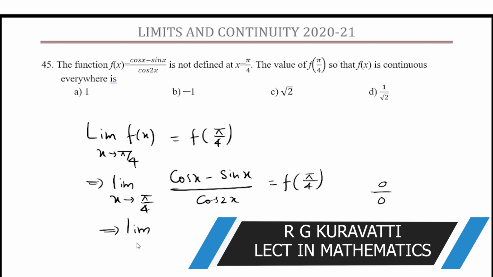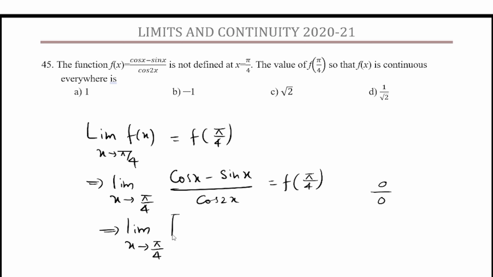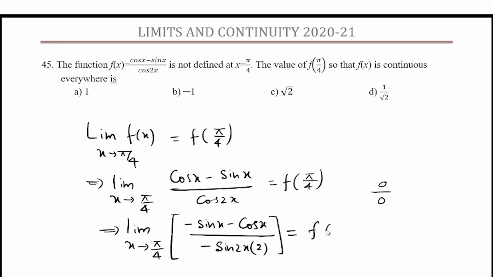So apply L'Hospital rule. Limit x tends to pi by 4. Derivative of cos x is minus sin x. Derivative of sin x is cos x, divided by derivative of cos 2x is minus sin 2x into derivative of 2x is 2, is equal to f of pi by 4. Now put x equal to 45 degree.